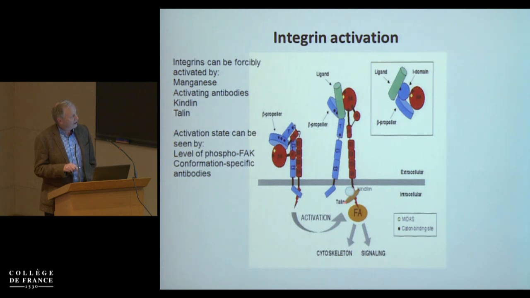There's one called talin, which binds to the tail of the beta integrin, and there's one called kindlin, which also binds to the tail of the beta integrin. Talin is an enormous molecule that you can't do experiments with, but kindlin is a manageable size. And so we found that if we express kindlin in cells, it converts inactive integrin to active integrin simply by binding kindlin to this point here.